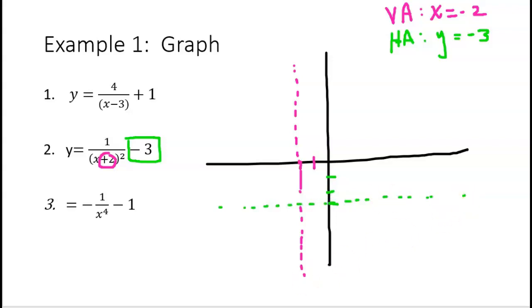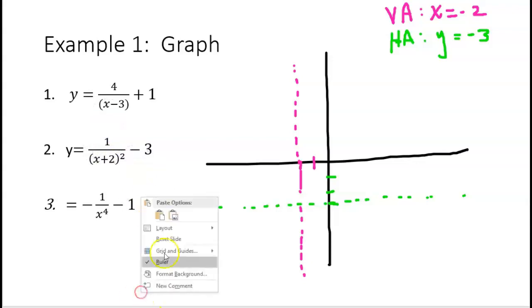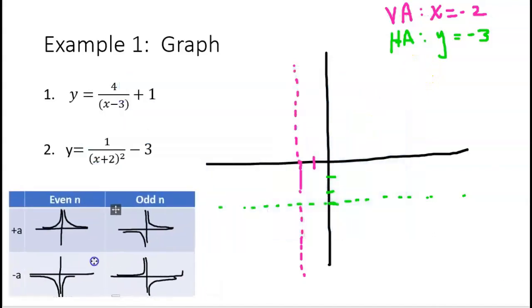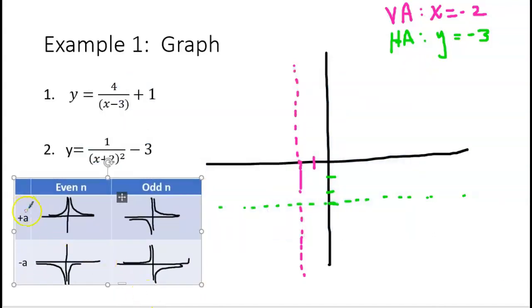The final thing I need to do is pick the correct shape. Now in this case, I've got an even power down here. It's squared, but I still have a positive fraction. So I'm going to look at my little chart here. And I'm looking for the shape that has a positive fraction, but an even power.